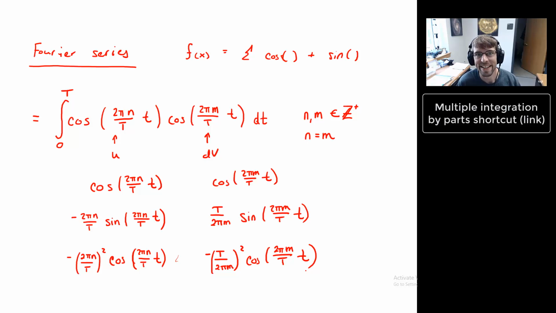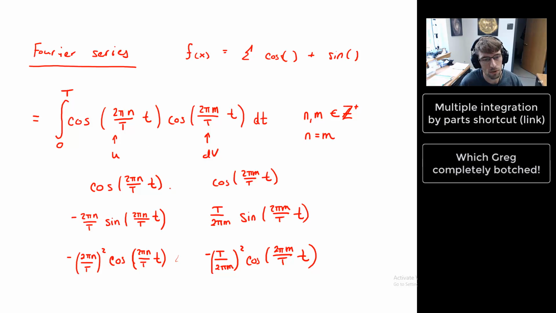Now we have to remember the sign associated with each of them. We multiply these two, and those will get a negative sign. These two multiplied together will get a positive sign. And similarly, when we multiply those two, we'll have a positive sign in front of it.